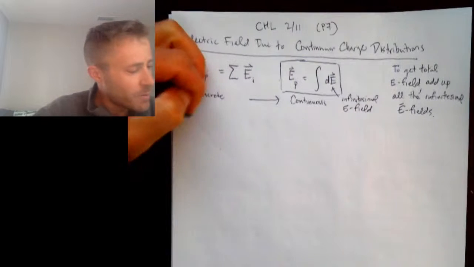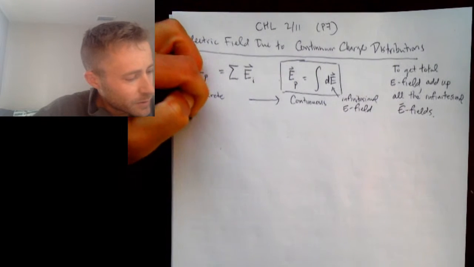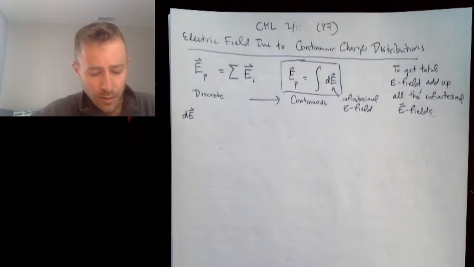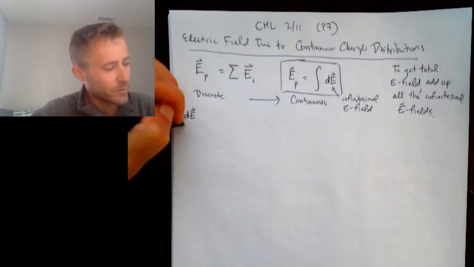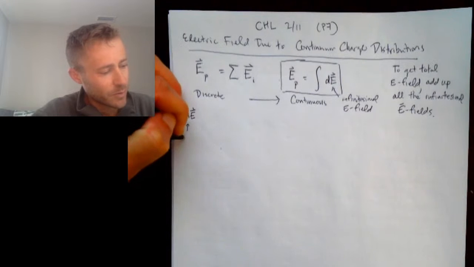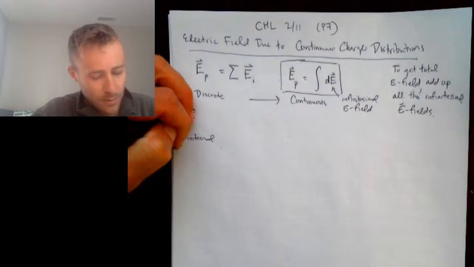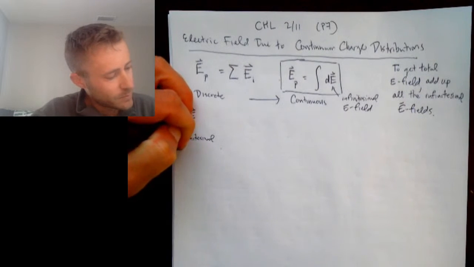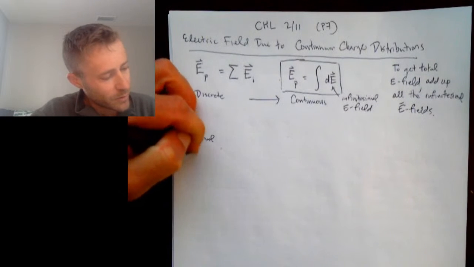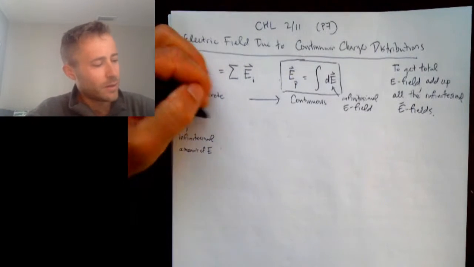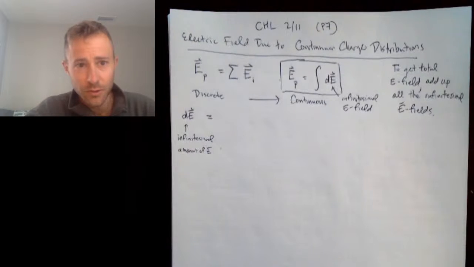So what do I mean by dE? Okay, this is basically an infinitesimal electric field, so an infinitesimal amount of E, and it's just Coulomb's law, right?